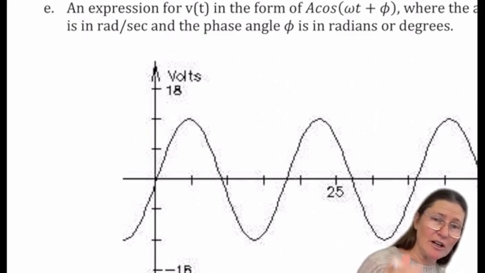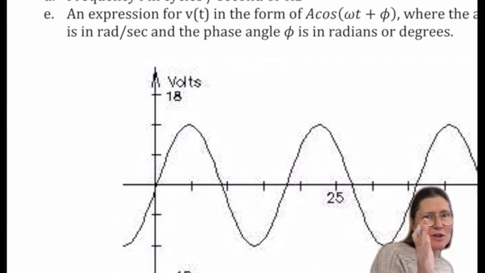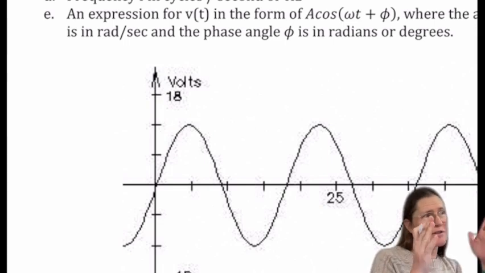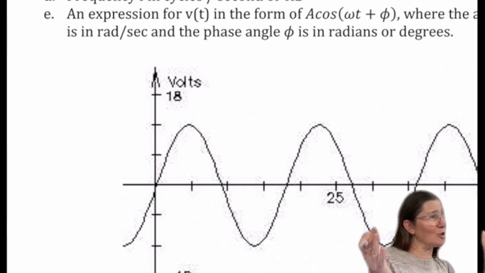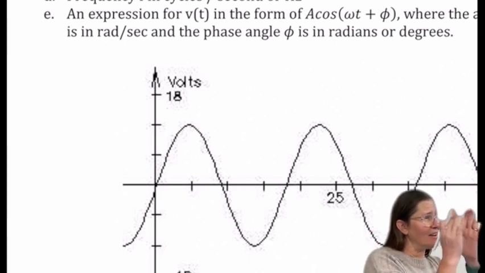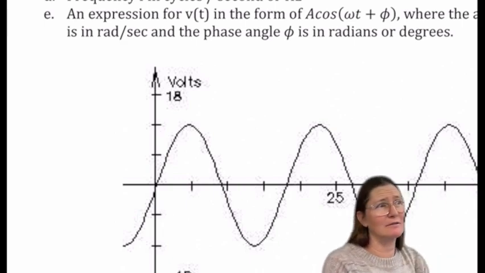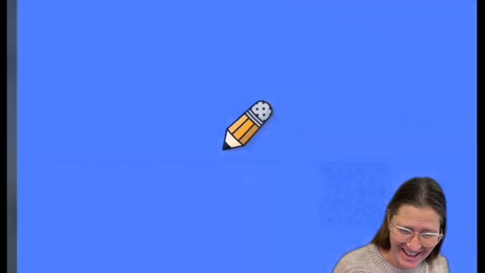So the peak here is at that first point, and between 0 and that point is your shift. That's a fourth of a cycle, and a full cycle is 2 pi, so that shift is going to be pi halves, or 90 degrees. Hopefully that finally came out correct.